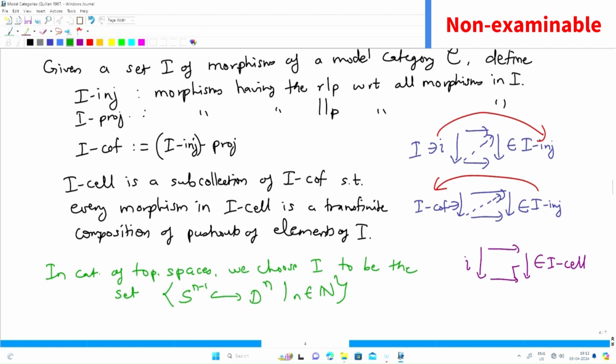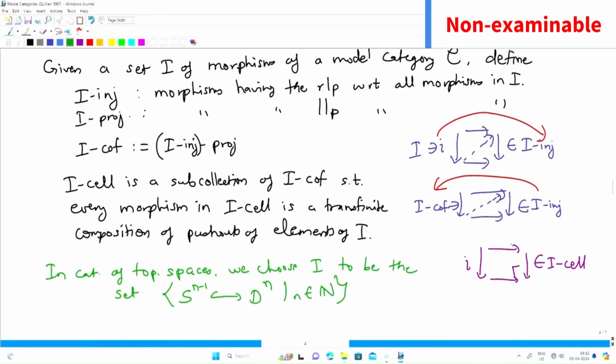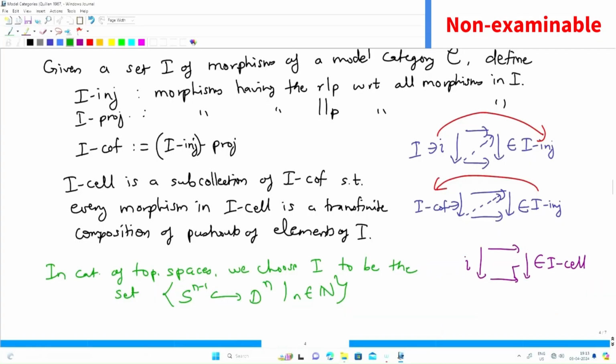Okay, so this is what we need. S^(-1) is empty here, by the way, if you worry about that: S^(-1) into D^0. So then you understand why this is the same concept which captures relative cell complexes, because you are simply starting with some topological space. This starting point x0 is not within our control, but what we are doing with it, that's within our control.